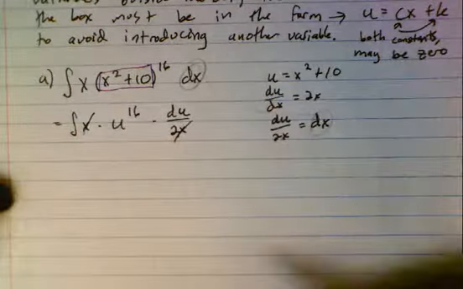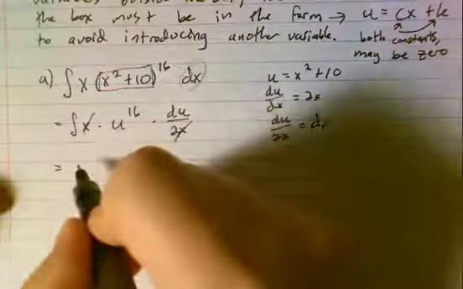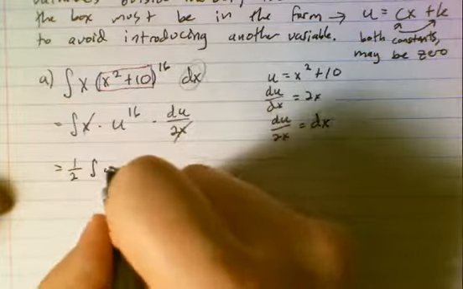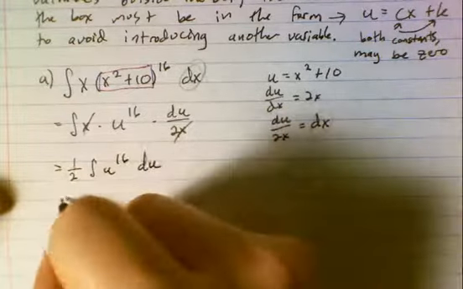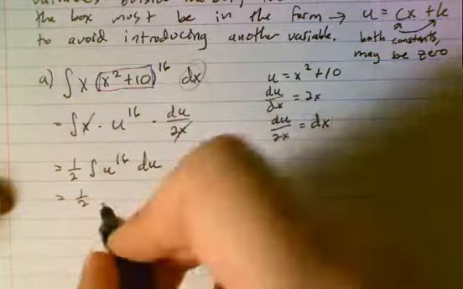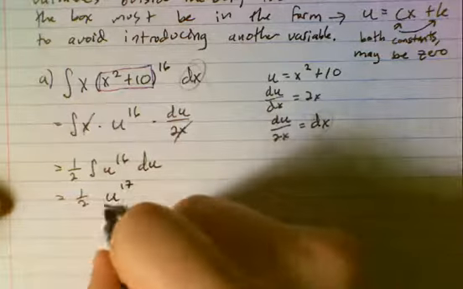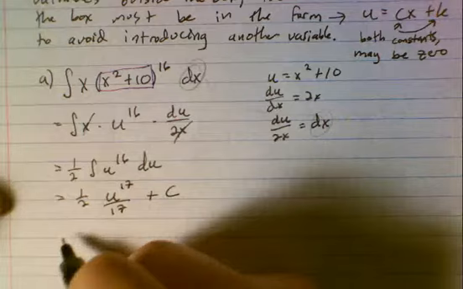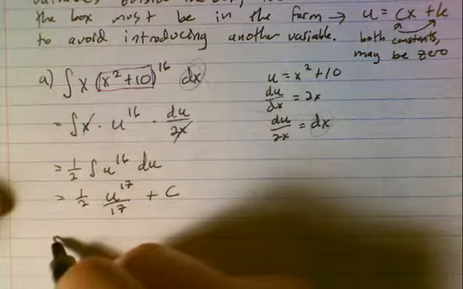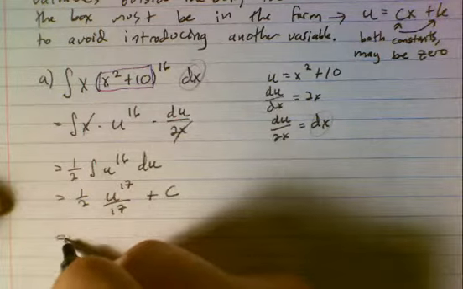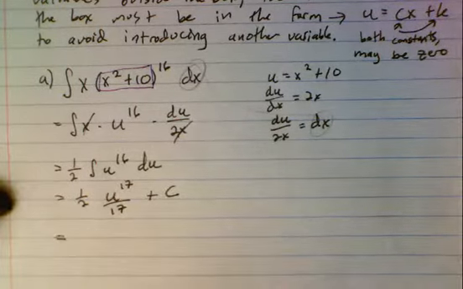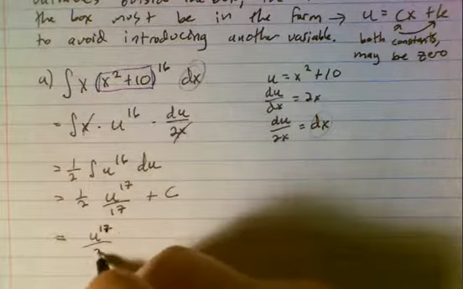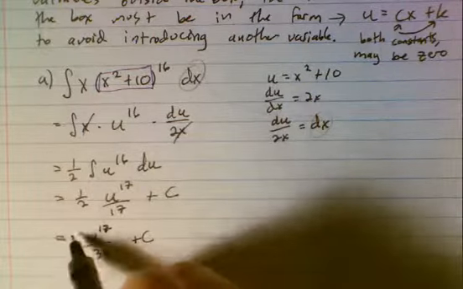Those x's cancel out. This 2 in the denominator is 1/2. So we increase the exponent by 1, divide by the new exponent, add plus c. We've got u to the 17th over 34 plus c.